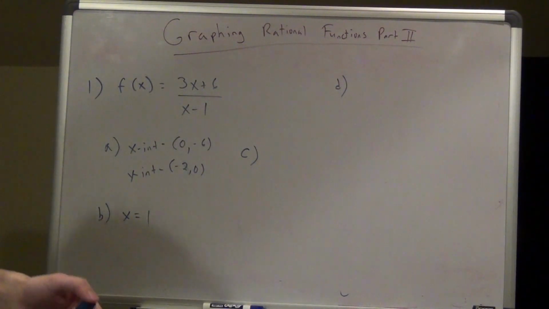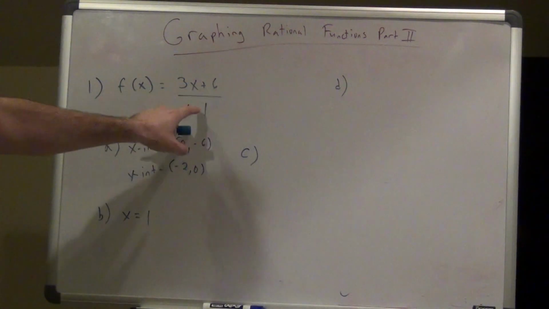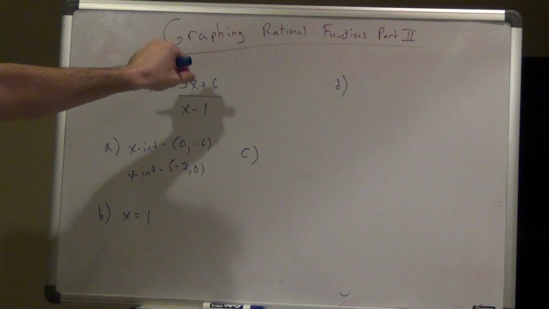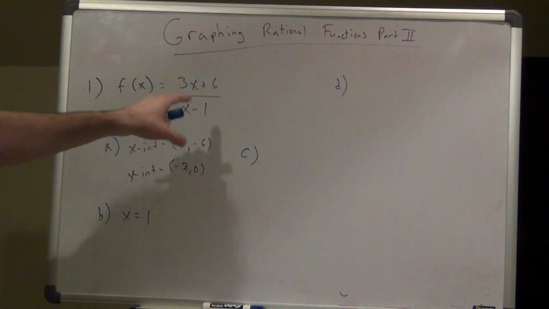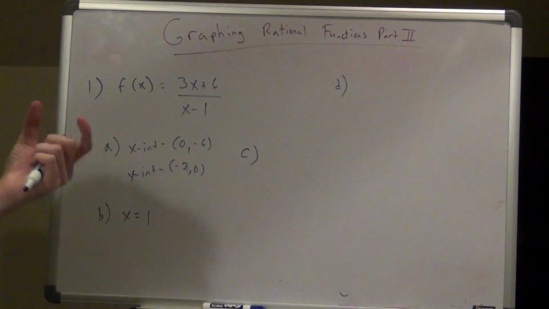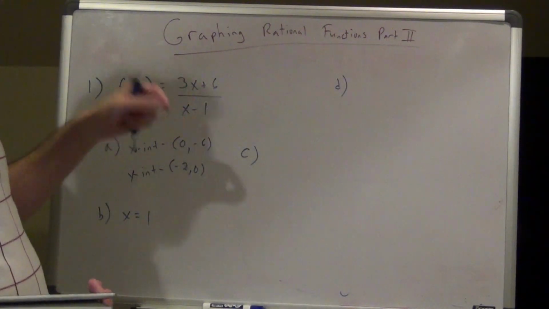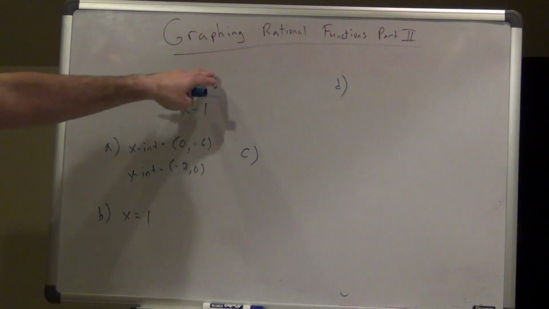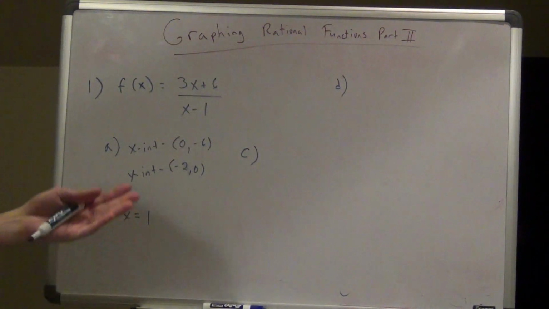So here's the rule as follows. N and M: N's on the top, M's on the bottom. N is the highest powered exponent of a variable at the top. M is the highest powered exponent of a variable at the bottom. In order to find the horizontal asymptote, I need to look at these. So let's say there was no variable at the top, like just 9 on the top, or 3 plus 6 or whatever.